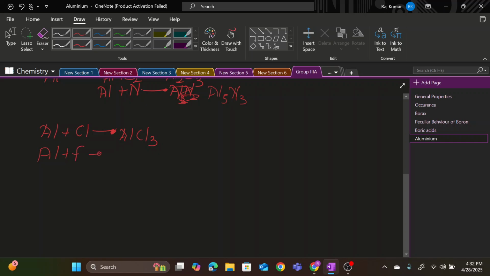Aluminum reacts with fluorine to form aluminum fluoride. And aluminum also reacts with hydrogen to form aluminum hydride.